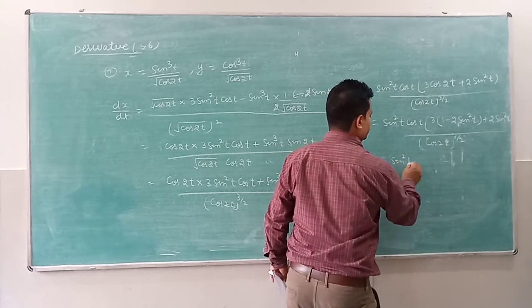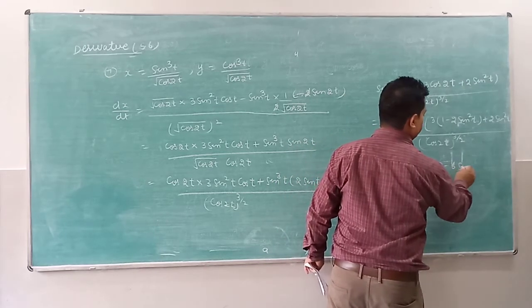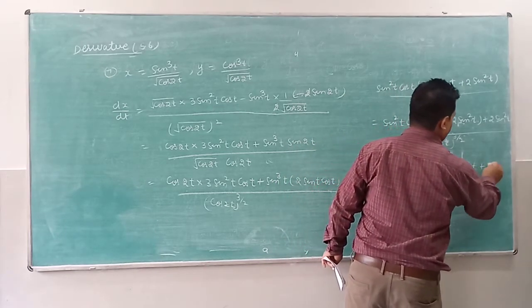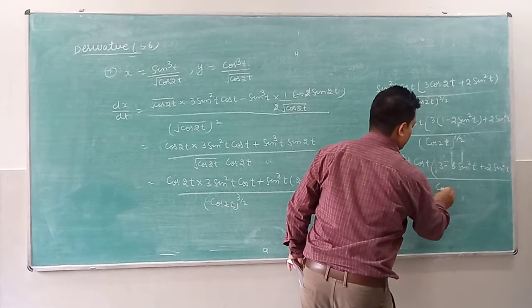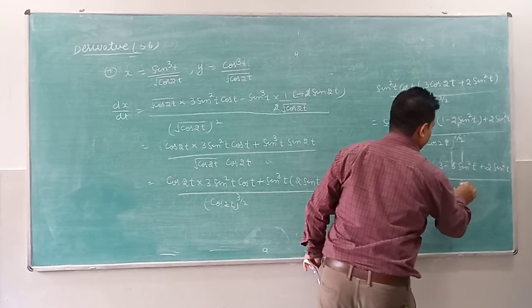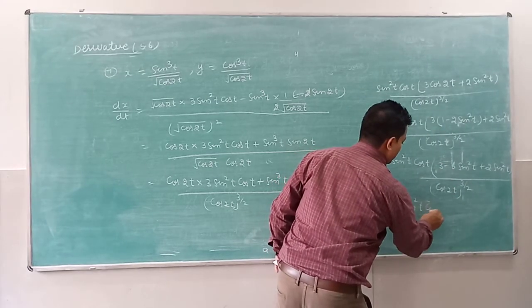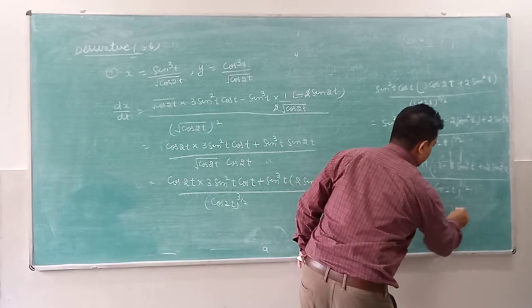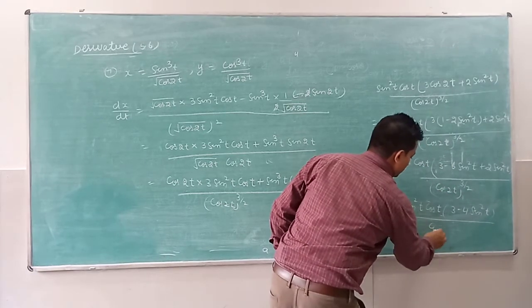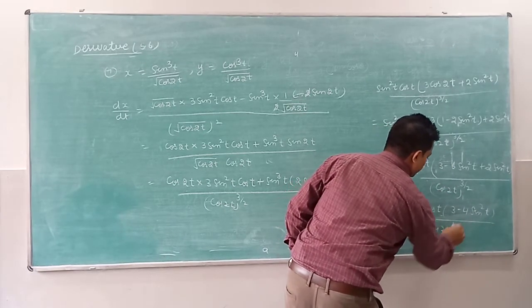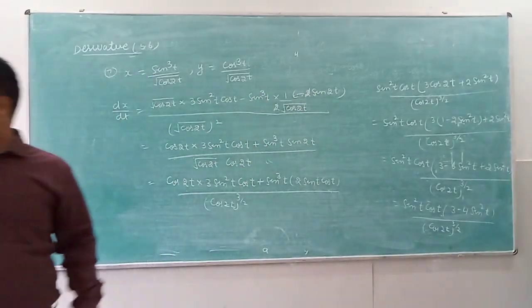This becomes sin²t cos t, and this is 3 minus 4 sin²t upon cos 2t whole power 3/2. This is the solution of x.